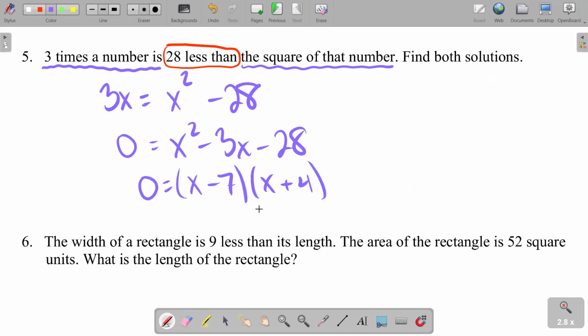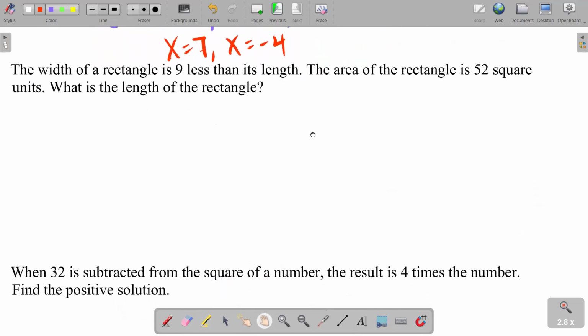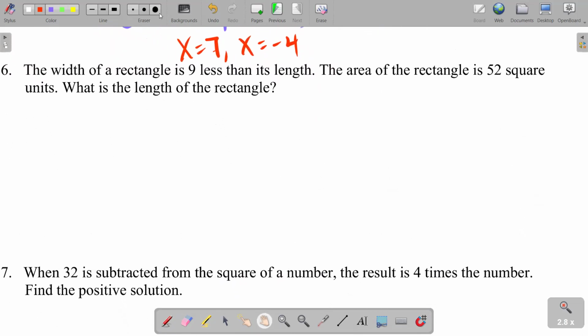This time it says find both solutions. So we would say, okay, x equals 7 and x equals -4. You see it? We're using quadratics to solve word problems. This time, let's draw a rectangle for number 6.